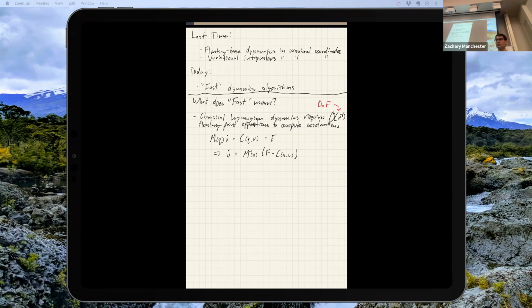If I'm in minimal coordinates, the mass matrix is n by n. And hopefully we all know that solving linear systems with an n by n matrix is an n cubed operation.